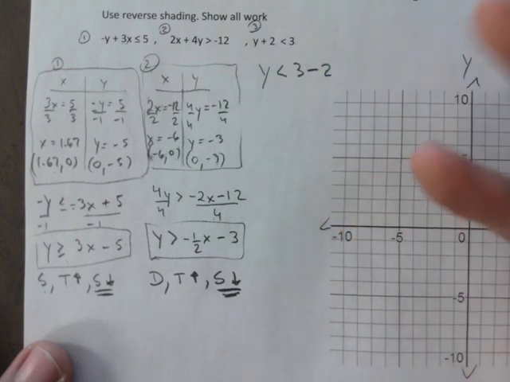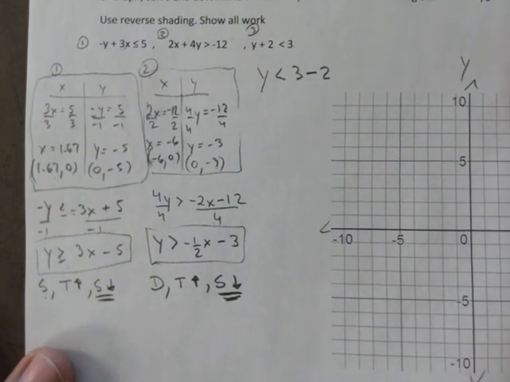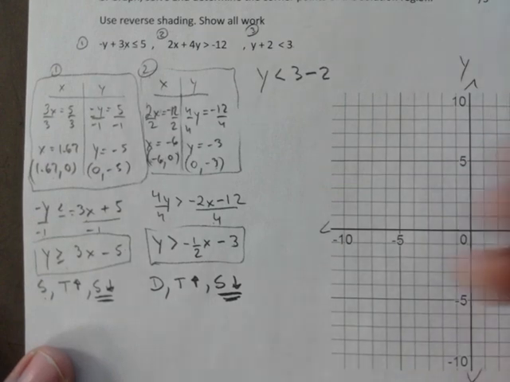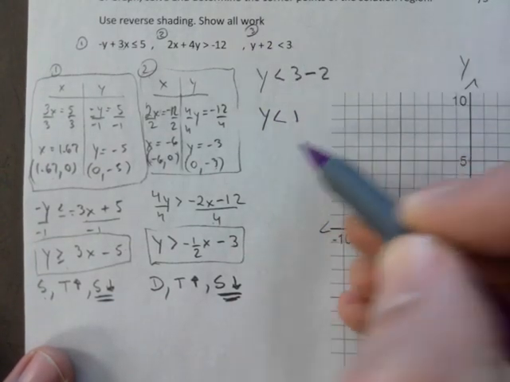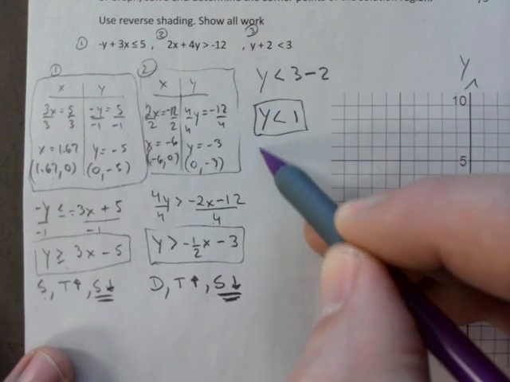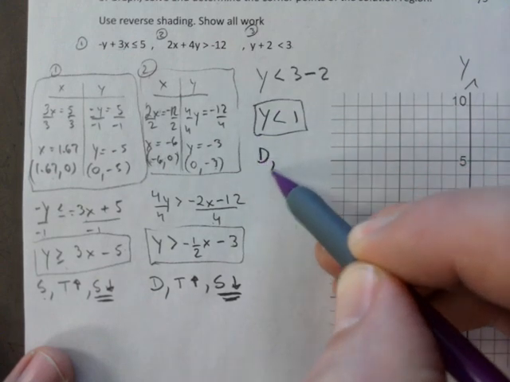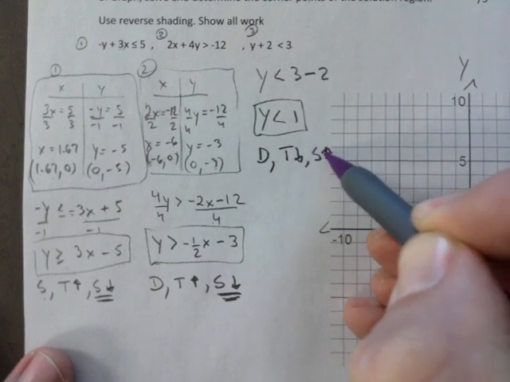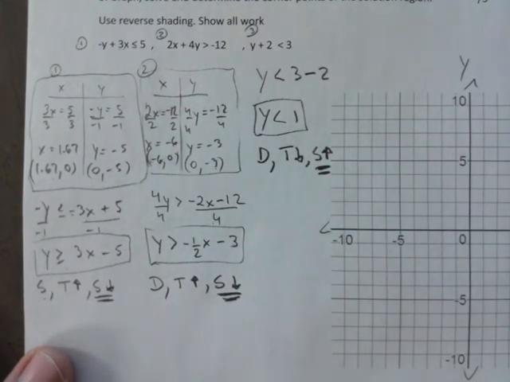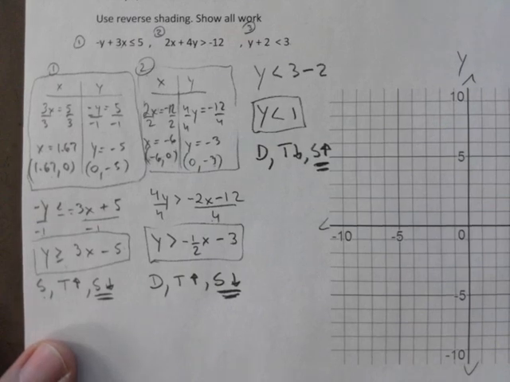Don't introduce an x in there. A lot of students want that x to appear. Don't do it, just keep it like that. In this case, it's a dashed line. True region is below. We shade above, very important. I'm going to use that to help me out. Then we're ready to go.